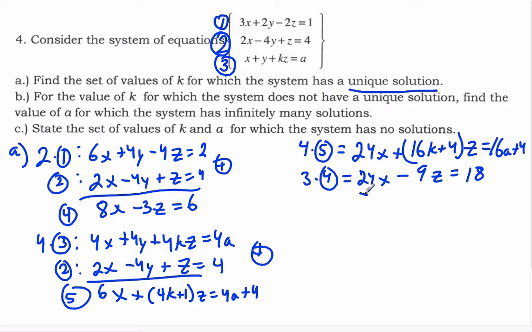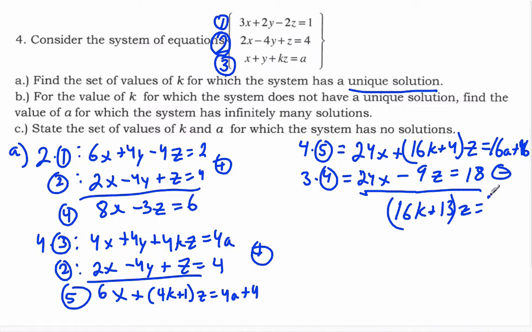I am going to subtract. Alright, subtract, and the x's cancel here. I just subtract negative 9, so it's like adding 9. You get 16k plus 13z equals, so this is subtracting, so this is 16 right here.